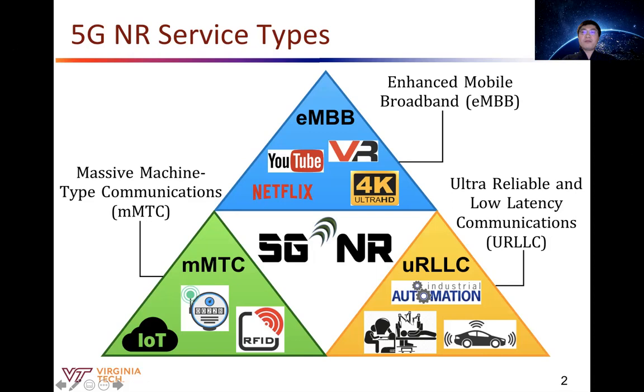MMTC targets at providing massive connectivities for the low-power IoT devices, while URLLC aims to achieve a 1 millisecond level end-to-end latency for delay-sensitive applications.